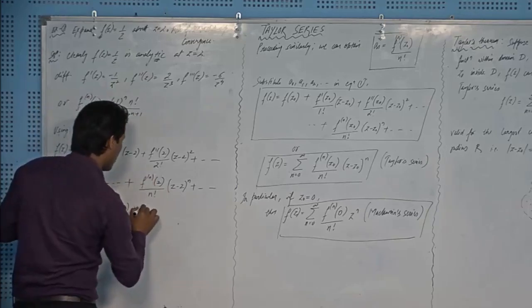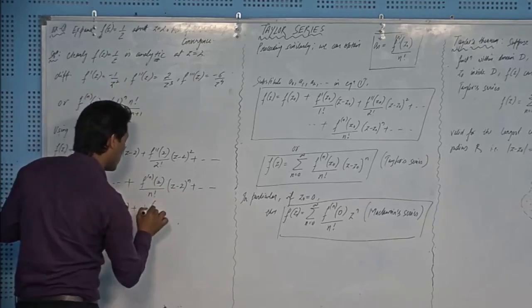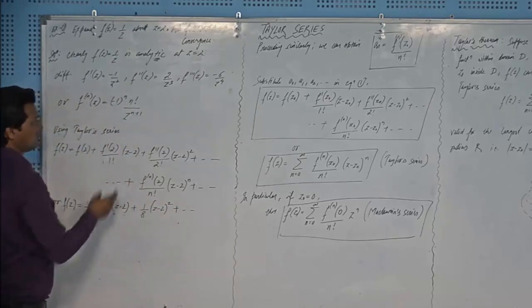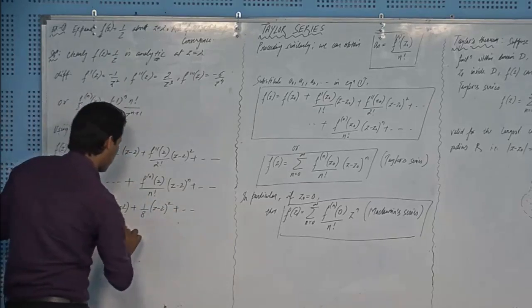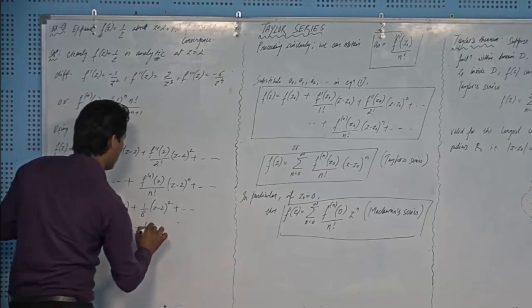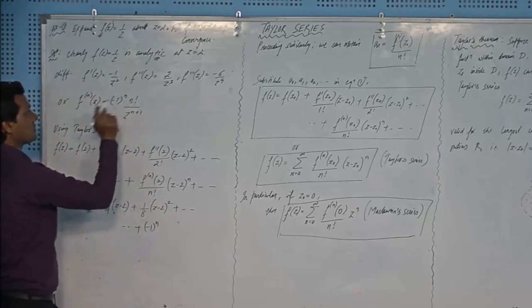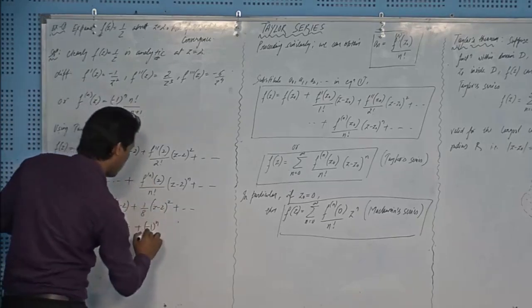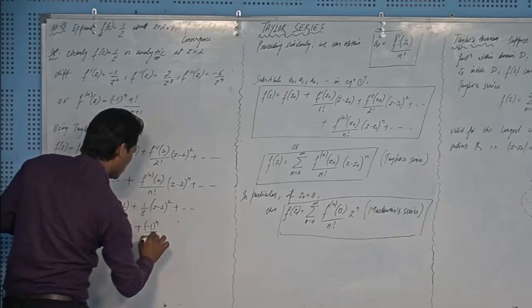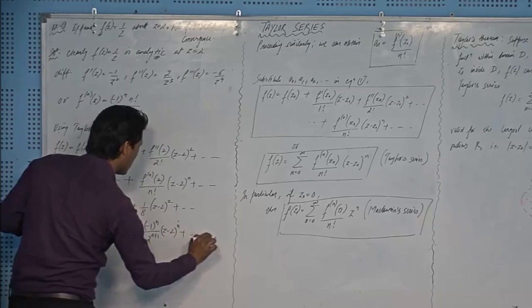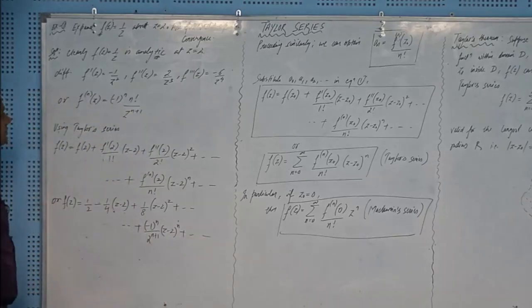That will become 1 by 8, z minus 2 square, and so on. And the nth derivative, that is minus 1 to the power n, and this n factorial will cancel with this one, over 2 to the power n plus 1, and z minus 2 whole to the power n, and so on.